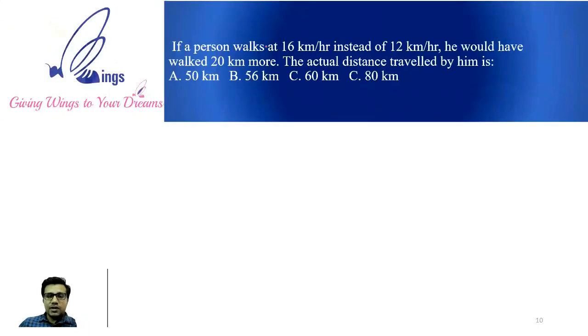Similarly, if a person walks at 16 km per hour instead of 12 km per hour, he would have walked 20 km more. The actual distance traveled by him? See, the speed is changing, the distance is changing, which means obviously the time is constant. T is constant here.